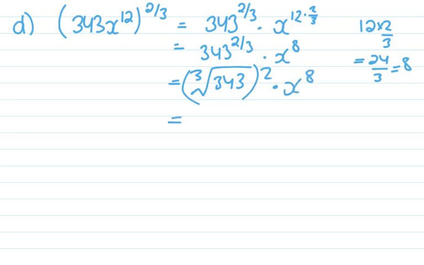So the cubed root of 343, you can use your calculator for that, is 7. So now I have 7 squared times x to the power of 8 equals 49x to the power of 8, which is a lot simpler than 343x to the power of 12 to the power of 2/3.